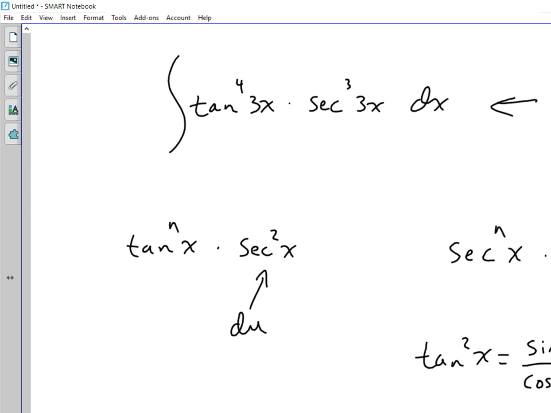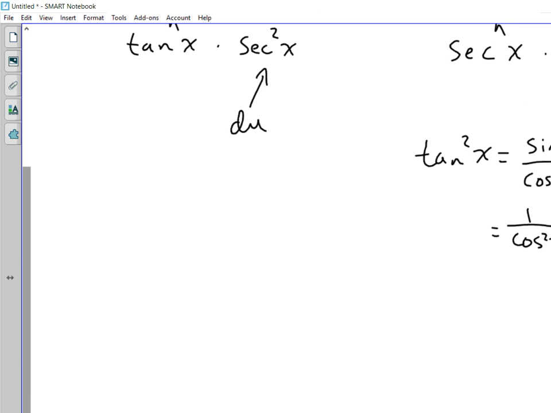Agreed? Now break it apart. And what's one of our cosines? Secant squared. So remember, if you don't remember the trig identities, you can figure them out by just playing around with them for a little while.